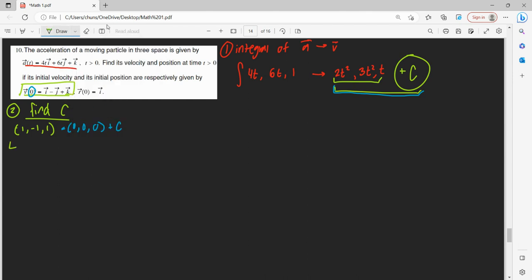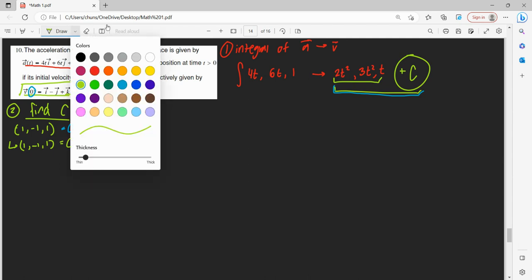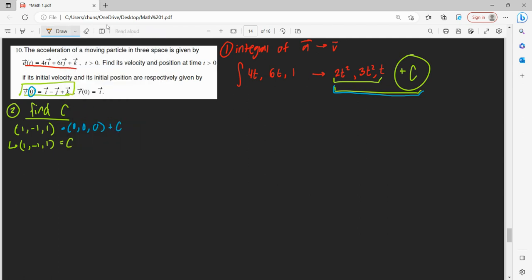And now just do some simple math. So that's 1 minus 0, 1. That's negative 1 minus 0, and 1 minus 0. That is c. Right, so now we know that is our c. So now we want to put it back into the equation.